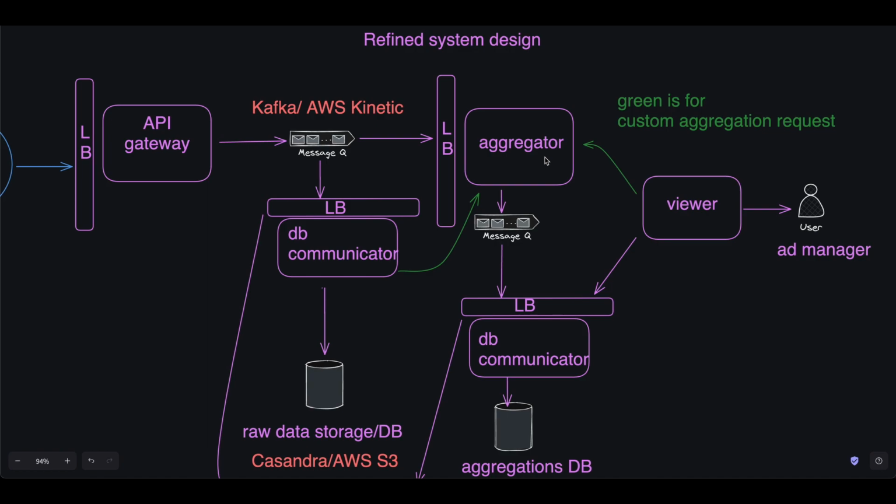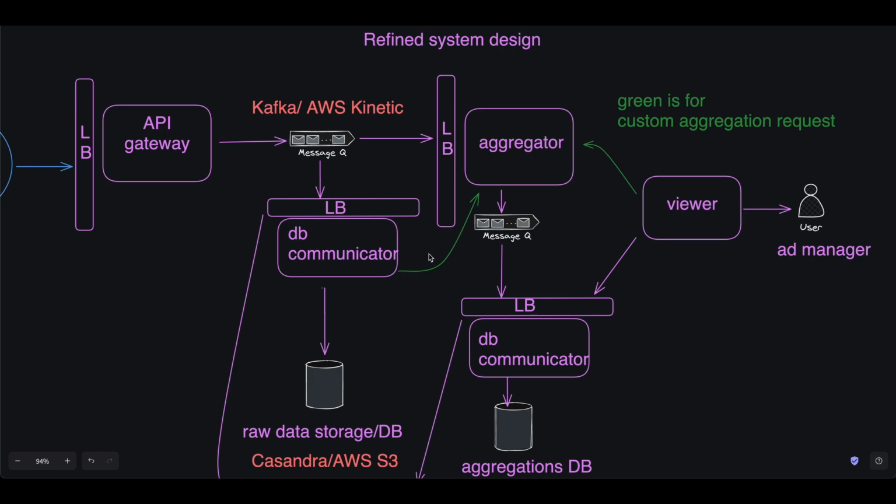We can write this logic up to allow custom ways of aggregation and some way to transfer logic from viewer to aggregator. For example, we can ask for another time step. We were aggregating every minute. Say, for example, you want every 5 minutes for some reason, and you can request aggregator to do this for your specific ad company, for example, or however you like it. So some subset of ad IDs that belong to you.